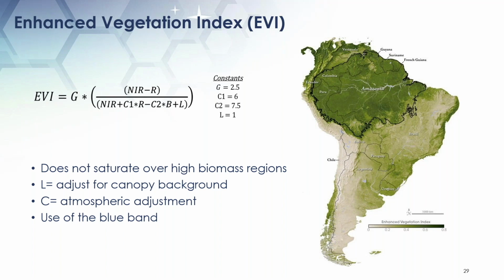It's particularly useful in regions with high biomass because the NDVI can oversaturate, or essentially hit a maximum value, in regions like the Amazon, where the EVI has a higher threshold and can identify more subtle differences in the vegetation in this region. So it uses a few different constant values, as well as the near infrared, the red, and the blue bands.